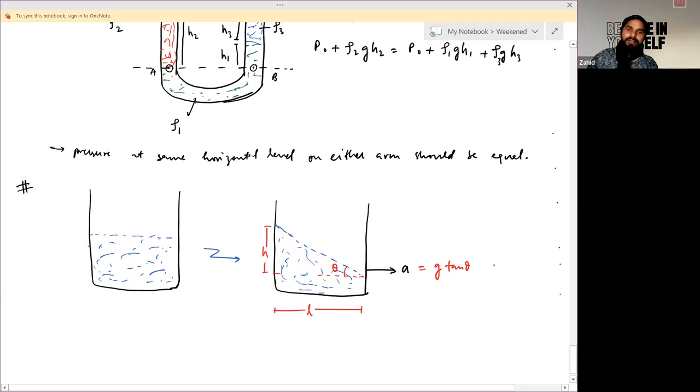So tan theta will be equal to perpendicular divided by base. Is it clear?